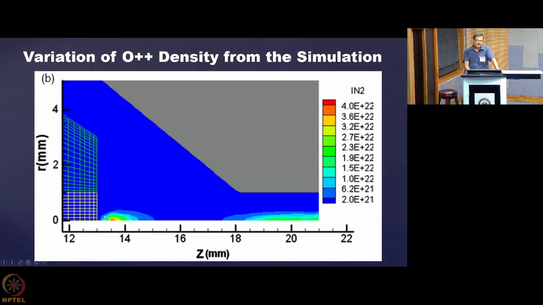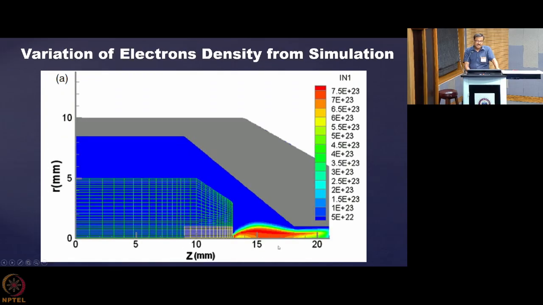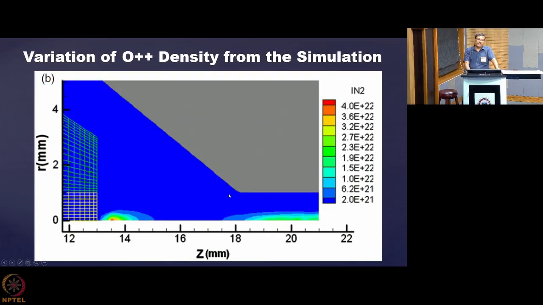As you go away, there is no second ionized state, so only the first ionized states are there, and this region is quite uniform. Then as you go further away, there is no question of the second ionized state, because it is a cooler region anyway.